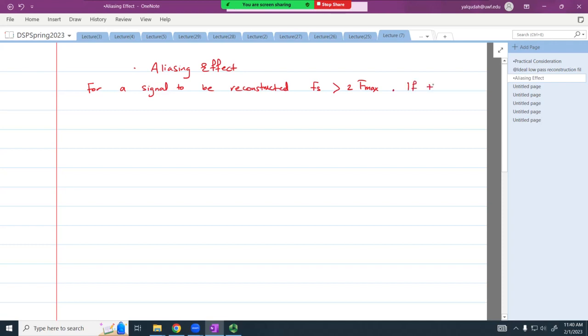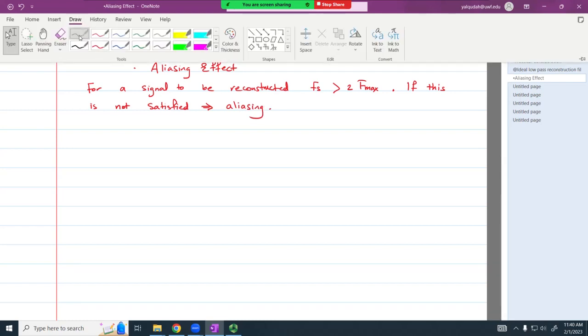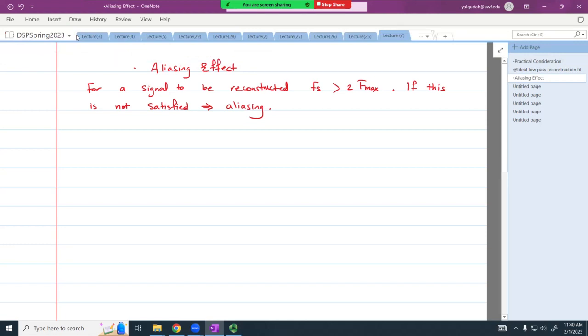If this is not satisfied, then we will have aliasing. So just to better understand the impact of aliasing, we're going to look at sinusoidal signals, since they're easier to plot and generate and look at the spectrum for.